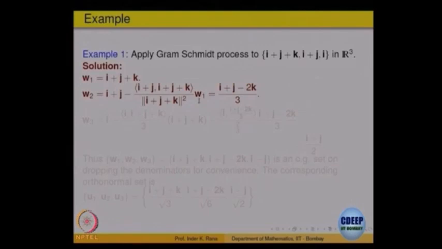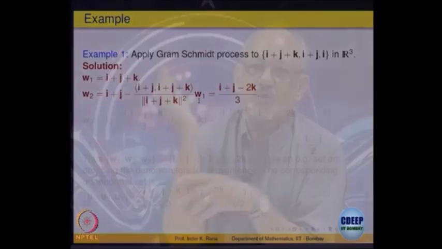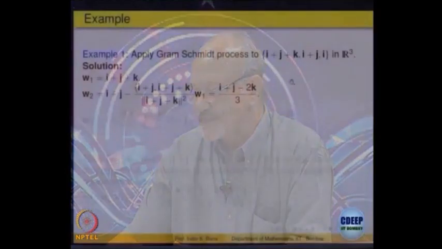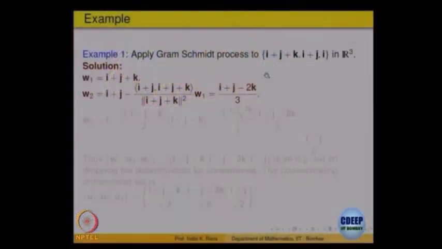So, that is a part of W1 you are removing from V2. Essentially you have got 2 components of V2, one in that direction, one in the perpendicular direction, right. Remove that component, you are left with the perpendicular one. You can look at it that way also. So, from i plus j, the second one, I am removing the projection on W1. W1 is the same as V1, removing the projection of that from the second one, right. Remove the projection, you get a vector, this one.